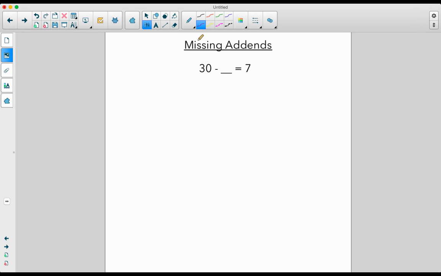So trying this backwards, 30 minus 7, I'd be starting at 30. And I would say, if I took away 10, that would bring me to 20. Not at 7 yet. If I took away 10, that would bring me to 10.